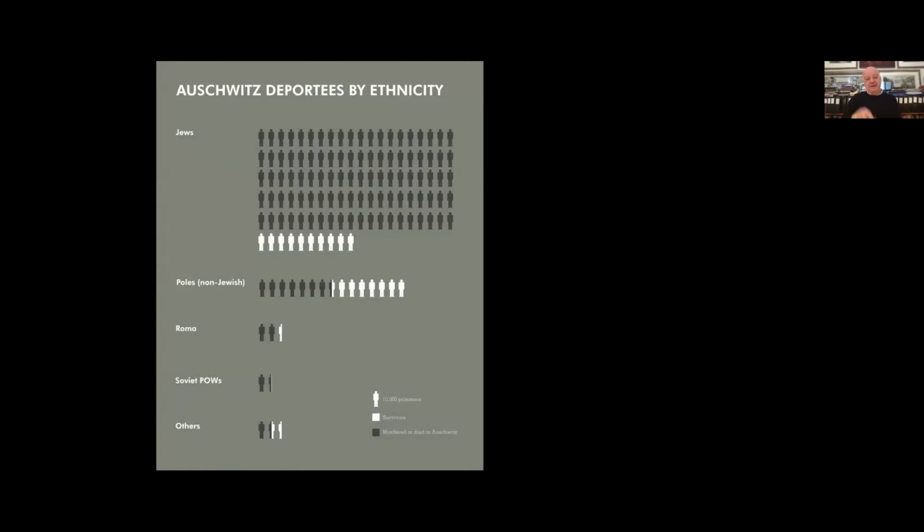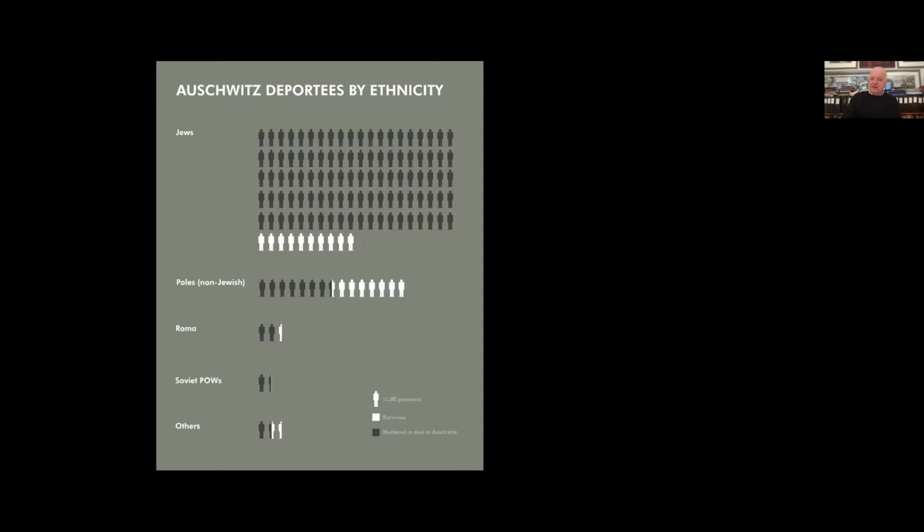1.1 million Jews transported to Auschwitz, of which 90% do not leave the camp alive, only around 100,000 Jews, then around 150,000 non-Jewish Poles, of which around half survives. Of the Roma, around 25,000, only 2 or 3,000 survive.